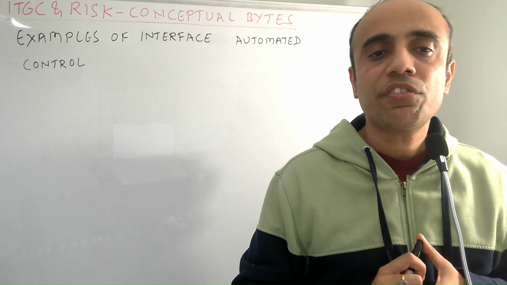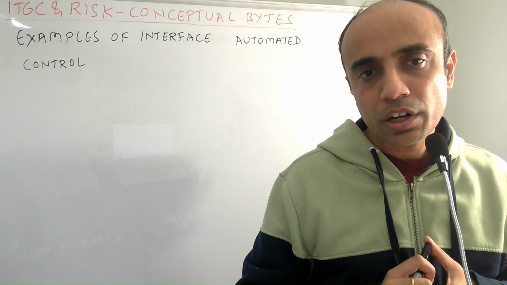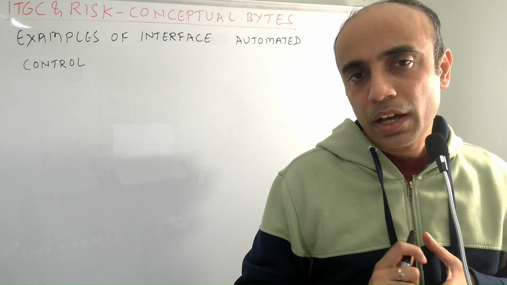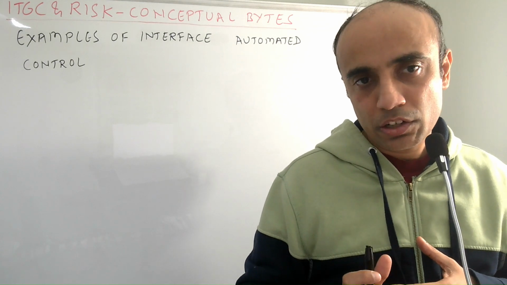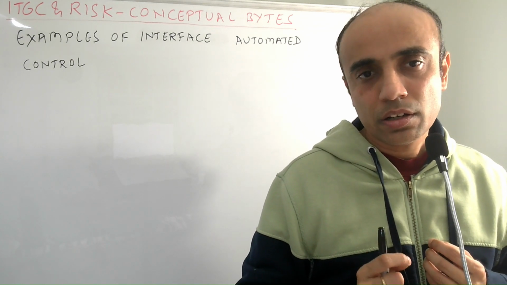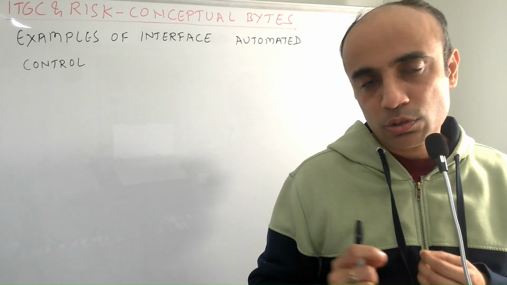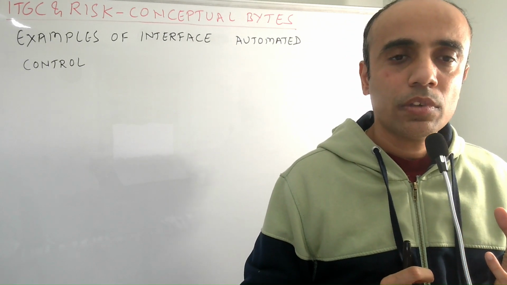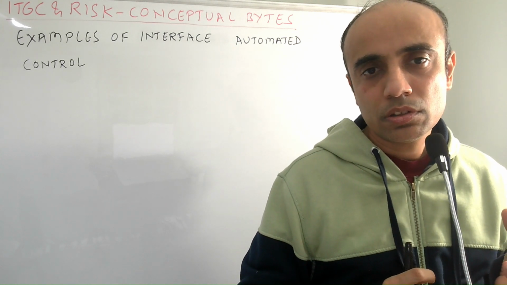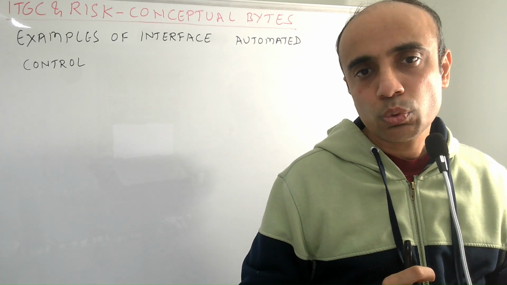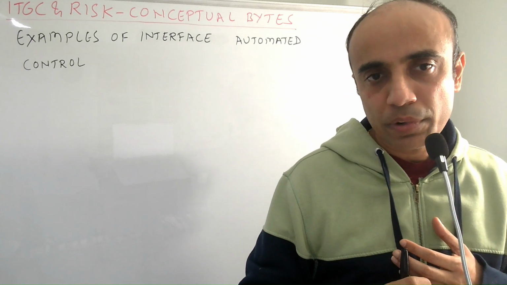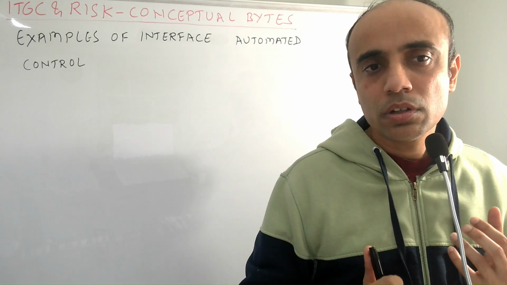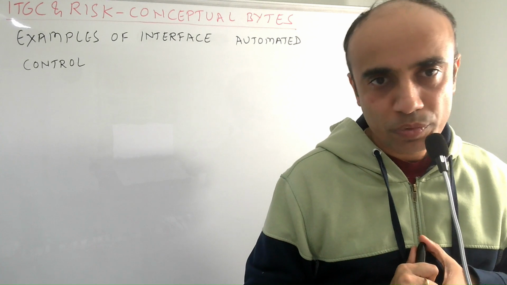Next is an interface between a journal entry and a reconciliation and reporting application. This is again a very common example from the finance world. The data from the journal entry application moving towards the reconciliation and reporting application, or vice versa, is an example of an interface automated control.